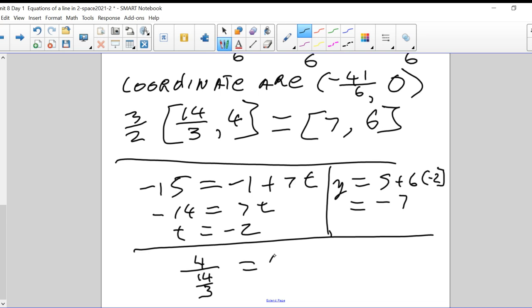So 4 times 3 over 14. Okay, so let's reduce this down. 2 goes into this and 14, and 7 goes into that. So you end up with 6 over 7.